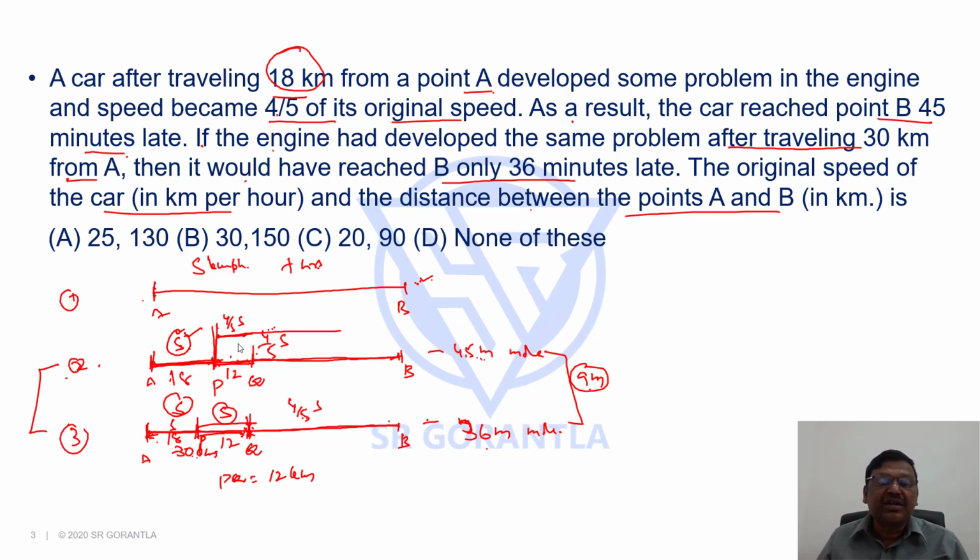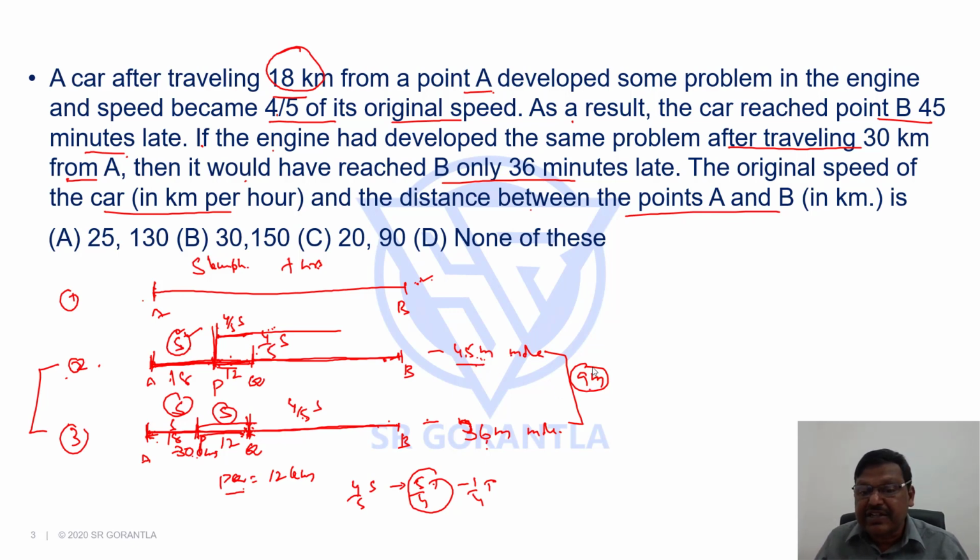In the second case, this PQ distance is traveled at 4/5 of the intended speed. If you are traveling at 4/5 of the original speed, you will take 5/4 of the original time, which means 1/4 time more. But here, in the second case compared to this third case, how many minutes more is it taking?